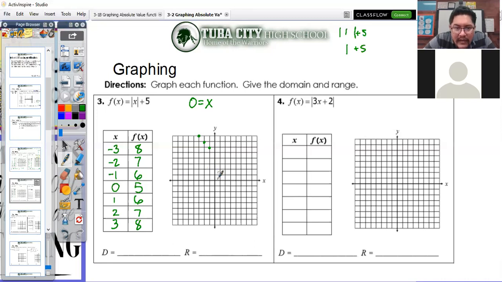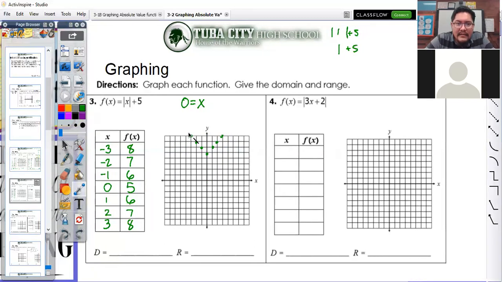And then 0, 5, over 1, up 6, over 2, up 7, and 3, 8. There we go. So my absolute value function, the V thingy, is way high, right? It's way up here. So let's go ahead and connect them.